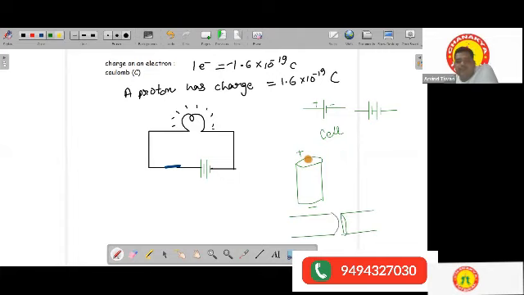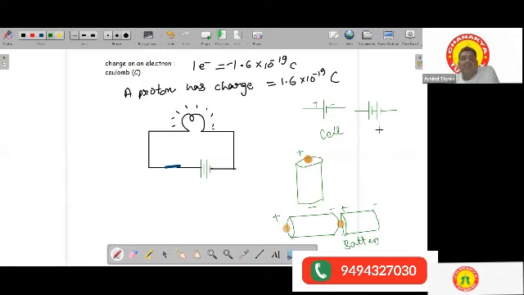So you can join two cells like this: positive of the one connected to the negative of the other. This is how they should be joined to form a battery. So this is a battery where you have positive, negative, positive, negative.